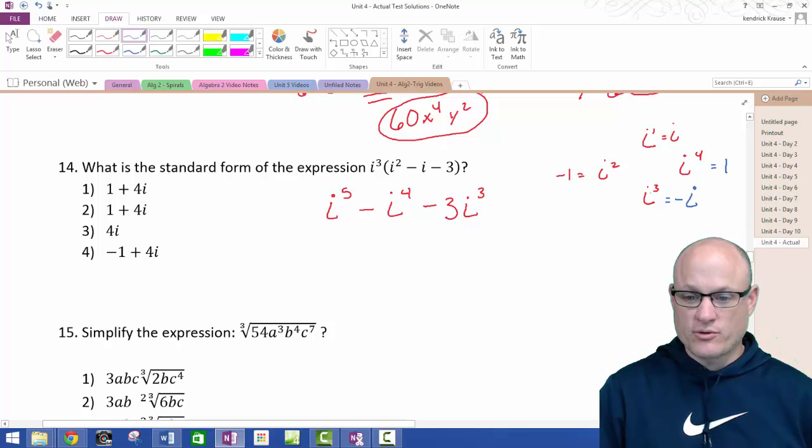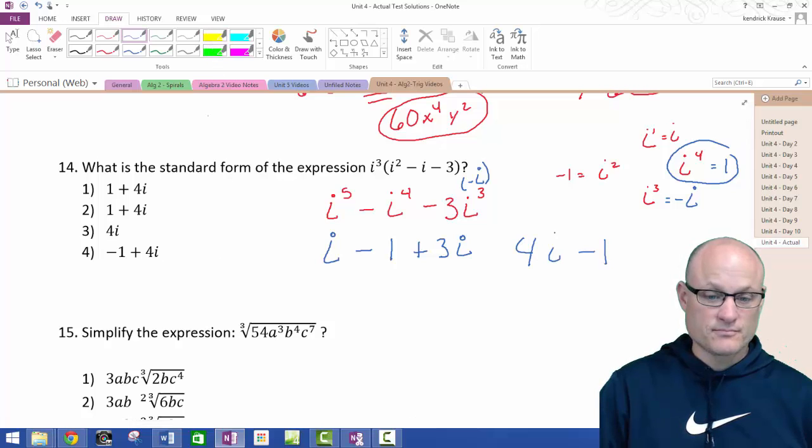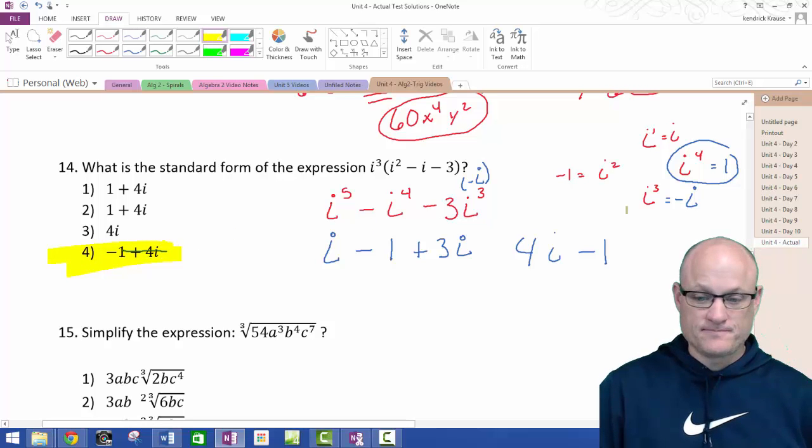It's 1, 2, 3, 4, 5. That's just the same as i. Minus i to the 4th is just 1, so that's -1. And minus 3i cubed. Well, i cubed is really just -i. So -3 times -i is plus 3i. So I got an i and 3i, that's 4i, and a -1. Could have put it in your calculator. It would have told you this was the answer.